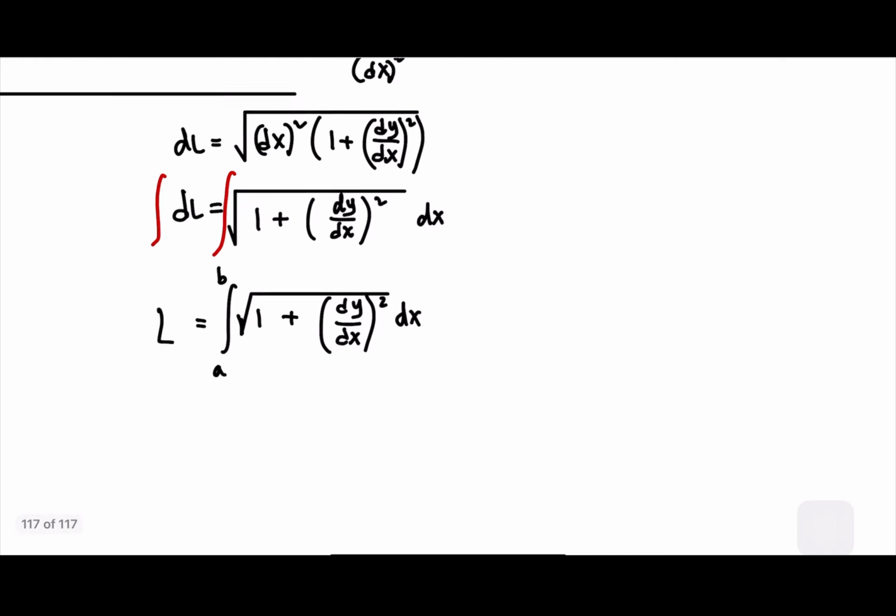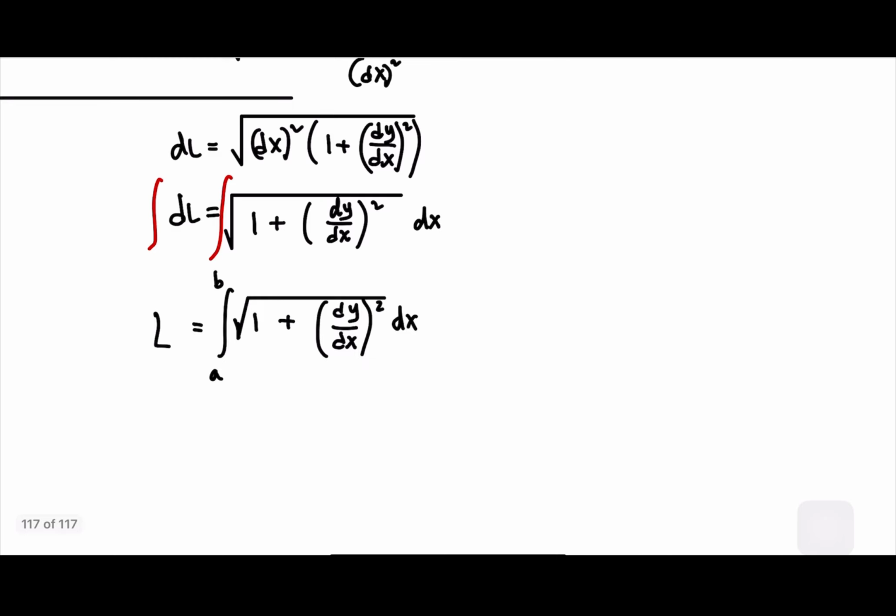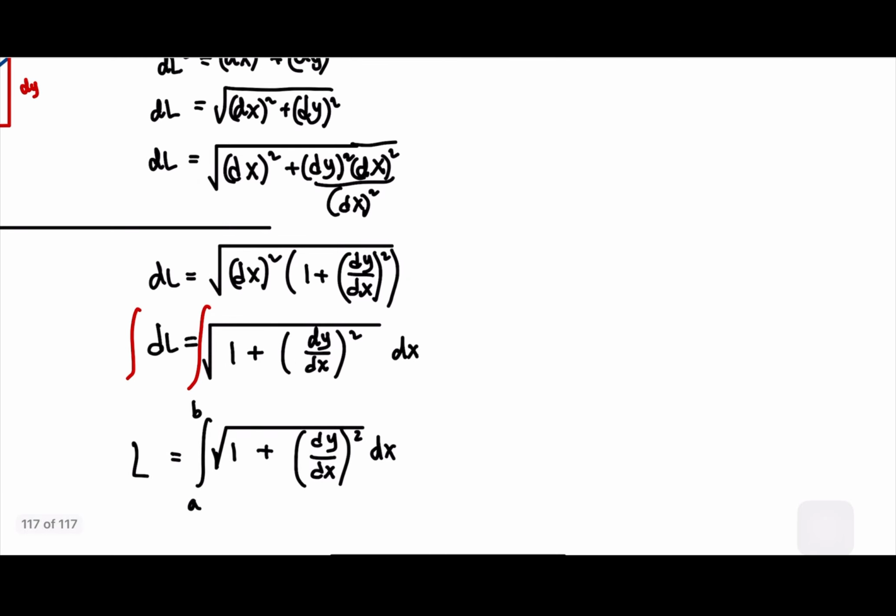However, we also have other forms. For example, I can take this in another approach, and we take it to dx over dy.